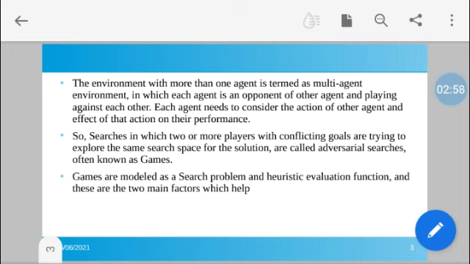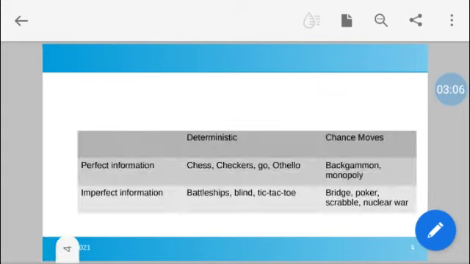So games are modeled as search problems and heuristic evaluation functions, and these are the two main factors which help. Now there are two types of games. First is deterministic game and second is non-deterministic game. Deterministic games are games in which rules and regulations are strictly followed. For example, chess, right?